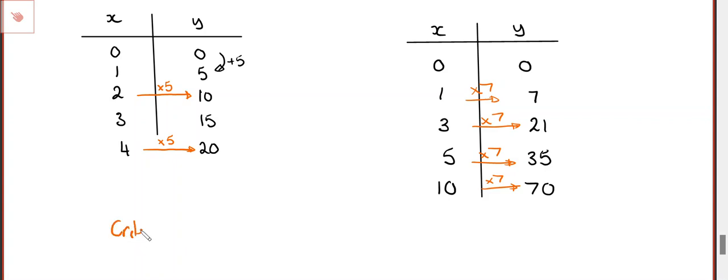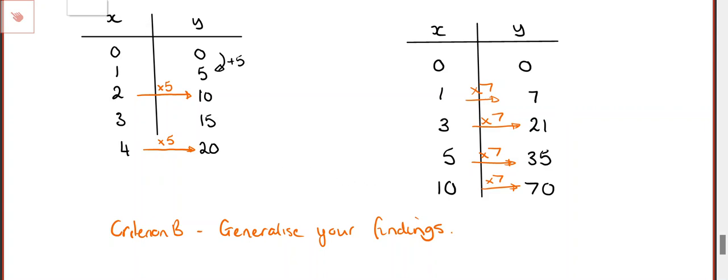So if I asked you to generalize, criterion B states generalize your findings. That means put it into writing what we could do all the time. So, what do you do to the x value to find the y value?